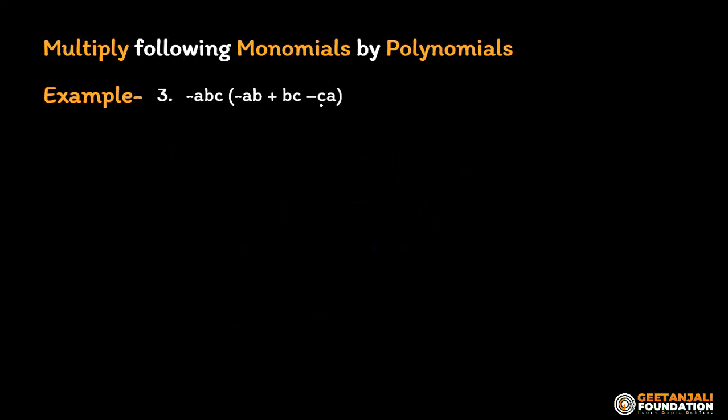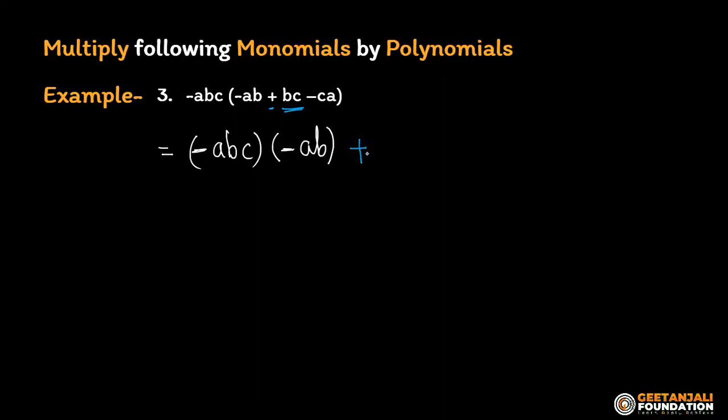We have to multiply minus 3abc with minus ab plus bc minus ca. Let's take that. So minus abc will be multiplied with all three terms inside the parentheses, and you have to be careful about these signs this time. So first of all, I am applying distributive law. So this minus abc will be first multiplied with minus ab, and the next term is bc, and there is a plus sign you can see.